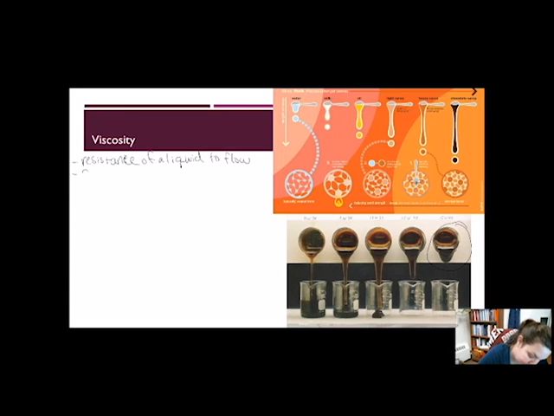The SI unit for viscosity, and there is an SI unit. Hopefully you guys remember your SI units. It's going to be kilograms over meters times seconds. Okay, so generally, the greater your intermolecular forces, the greater your viscosity.